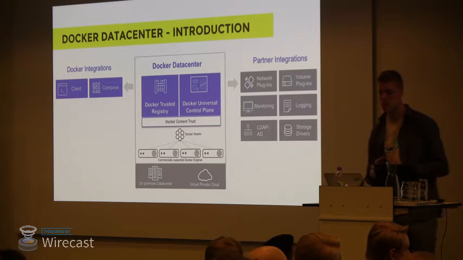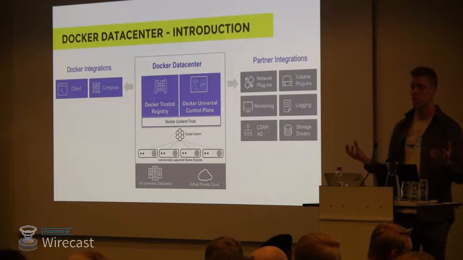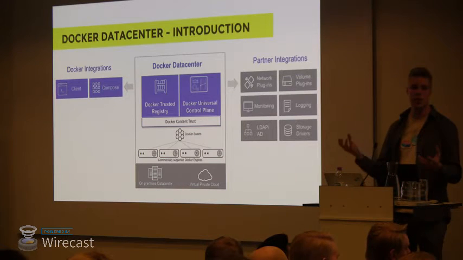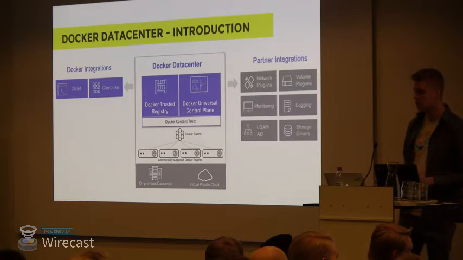It does orchestration. It has 2 products, the Docker Trusted Registry and the Docker Universal Control Plane. Control Plane takes care of the orchestration part, and the Trusted Registry just brings you the images.